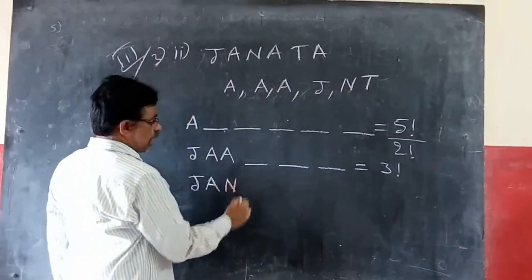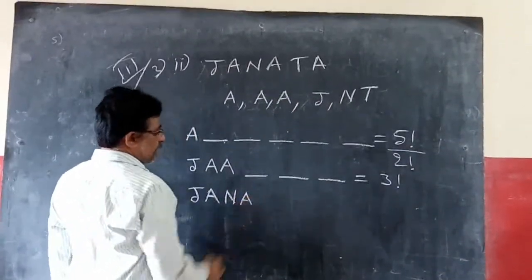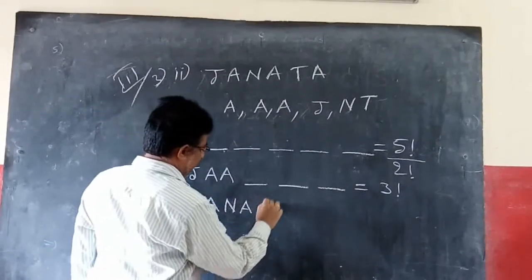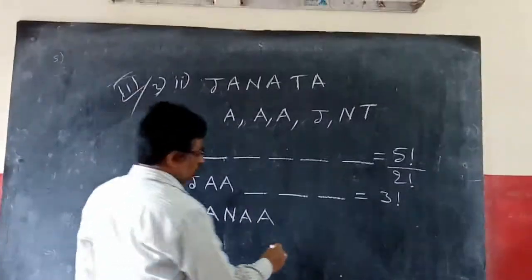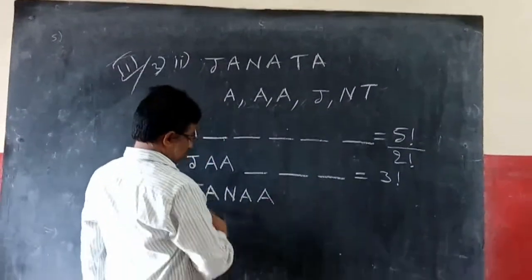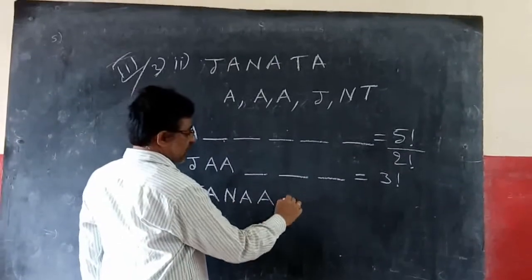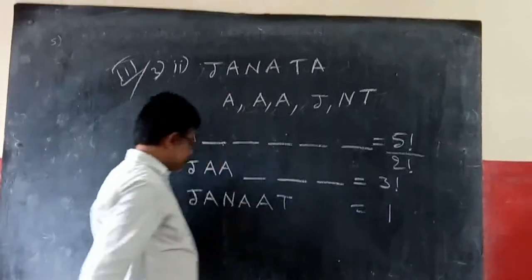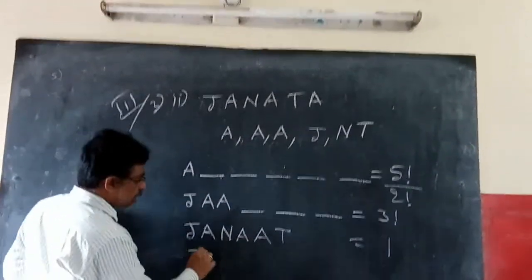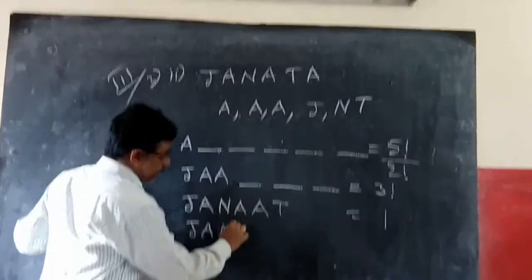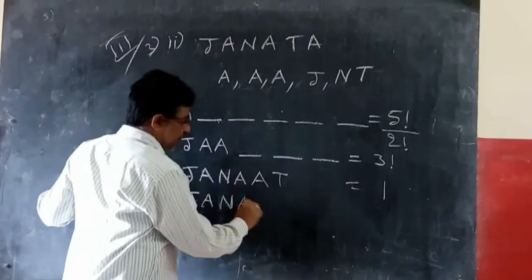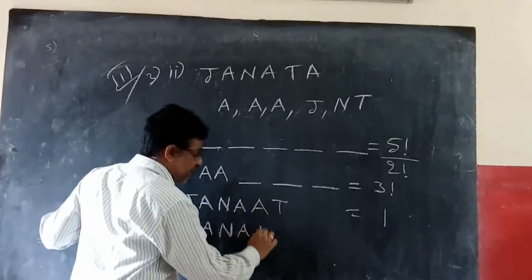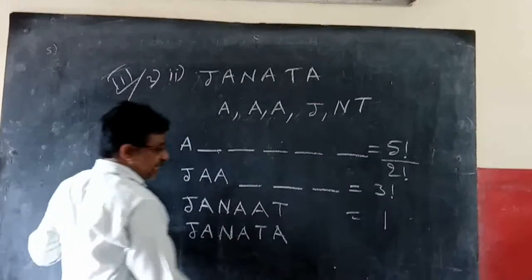Next, J is over, A is over, N will come. After N, A will come. Then the one remaining letter, T, will come here. So this is one way: Janata.